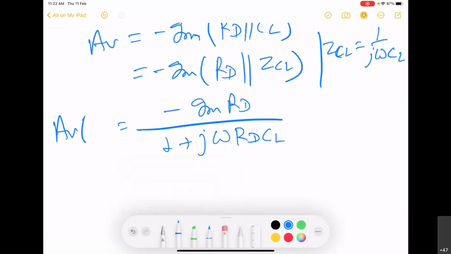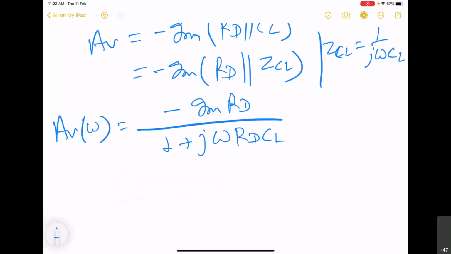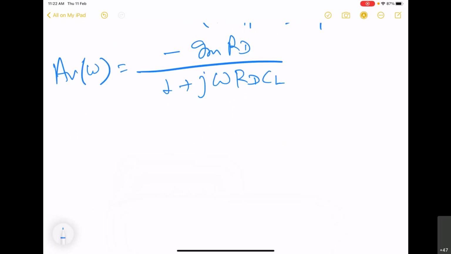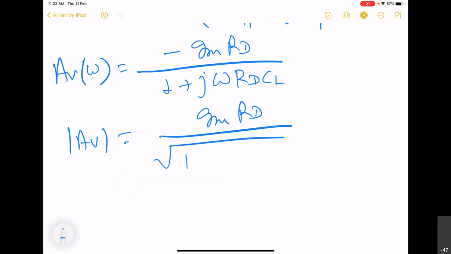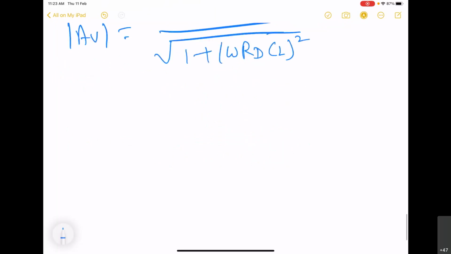So plot in this case is no longer going to be flat, parallel to frequency axis. So here one can find out what is the magnitude. So this magnitude is going to be equal to GMRD divided by square root of 1 plus (omega RD CL) whole square, right?